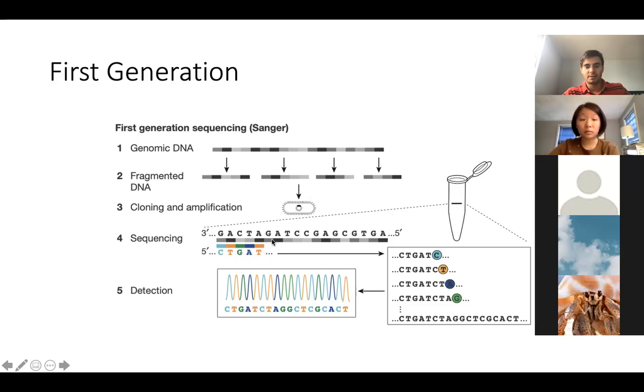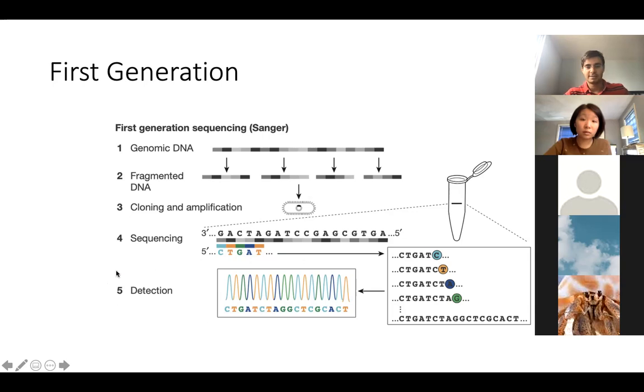So every time a nucleotide is added, in the case of Sanger sequencing, you're going to have a competition between a normal nucleotide and a dideoxynucleotide. The dideoxynucleotide does not have the hydroxyl group that allows the chain to grow. So once the dideoxynucleotide is introduced, the reaction stops, and that fragment cannot be further extended.